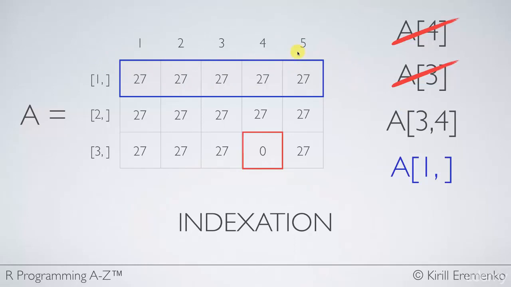And same thing goes for the top indices over here. Now that we know how to index inside a matrix, their representation is actually going to be different. So instead of 1, 2, 3, 4, 5, we're going to have brackets, comma 1, brackets, comma 2, brackets, comma 3, brackets, comma 4, brackets, comma 5. Because we know that the second element inside these brackets means the number of the column.